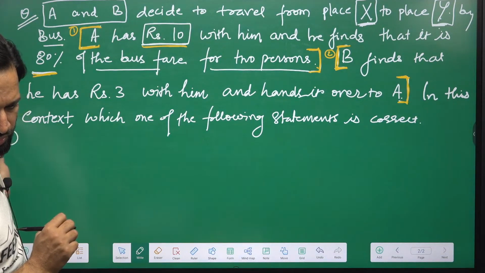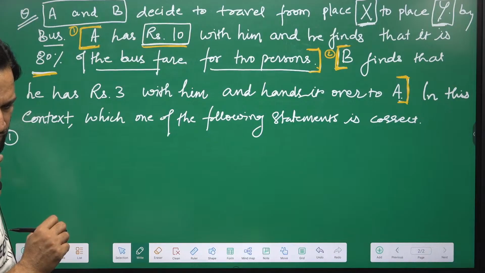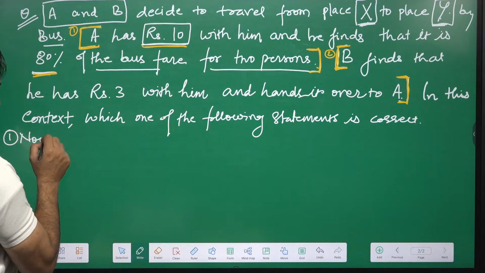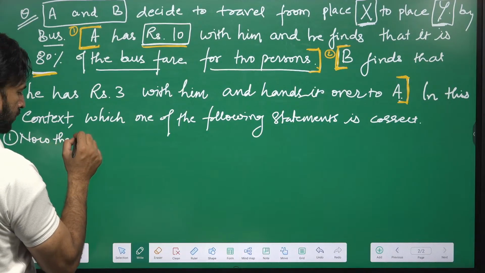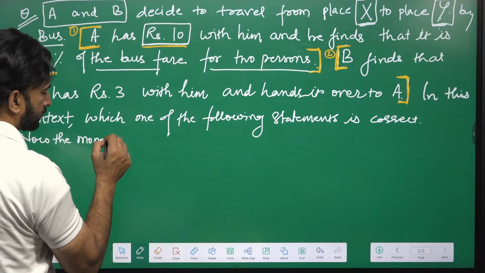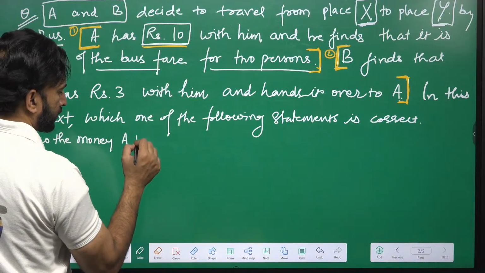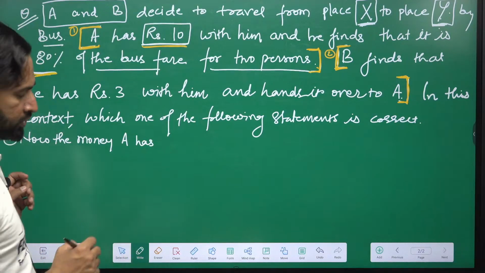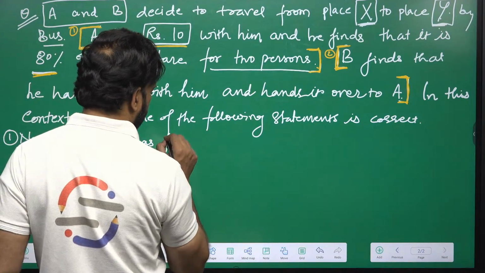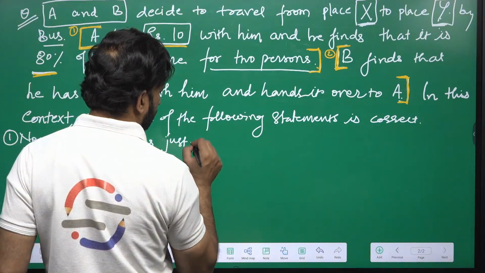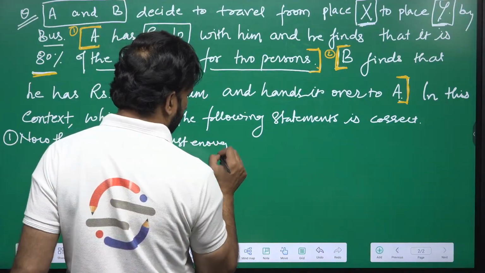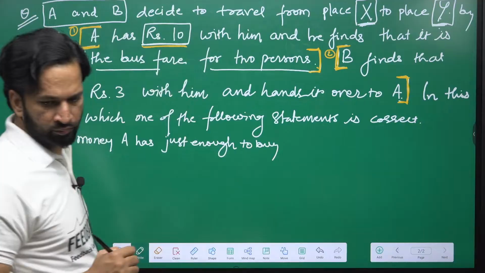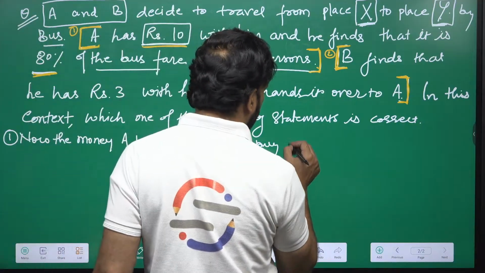Now the money A has just enough to buy 2 tickets.